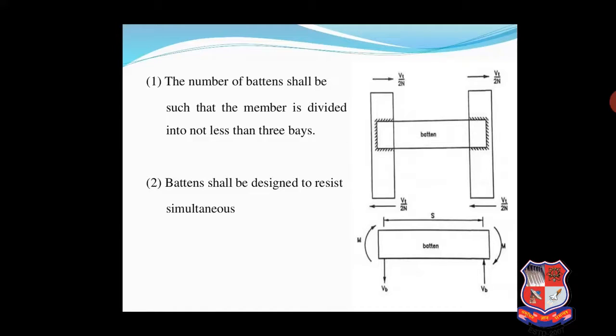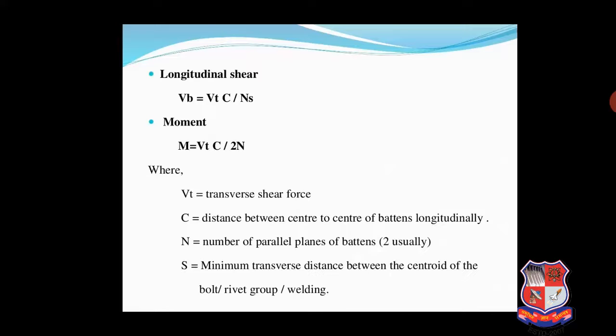So in the third step, before we start, we first need to know how longitudinal shear and moment are calculated. Longitudinal shear VB is equal to Vt into C divided by N S, and moment M is calculated as Vt into C divided by 2N. Vt is the transverse shear force and C is the distance between center to center of batten longitudinally.